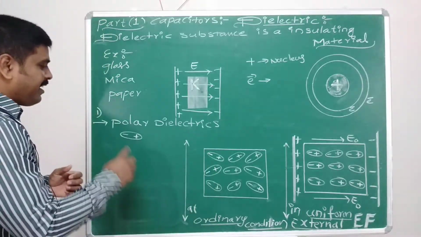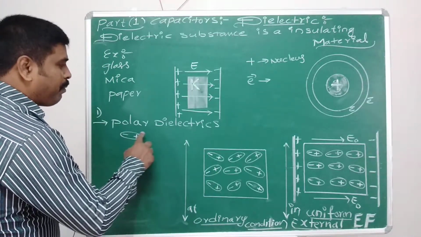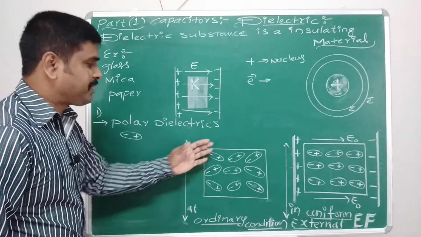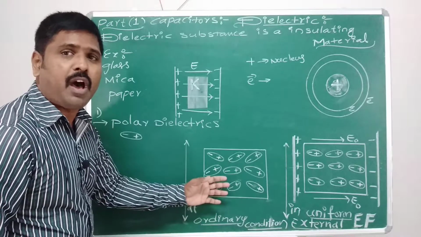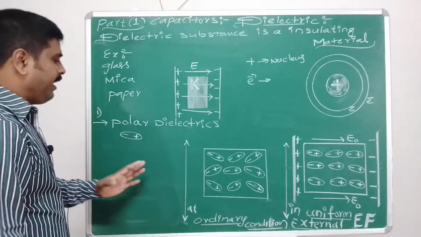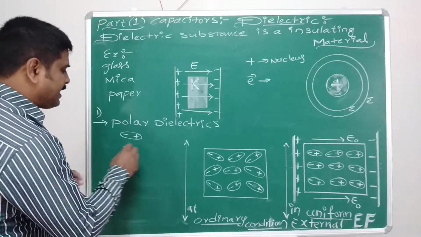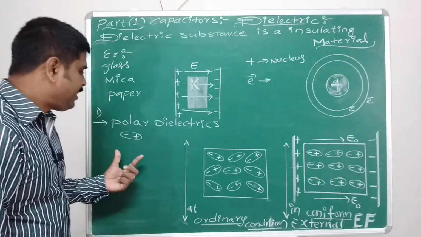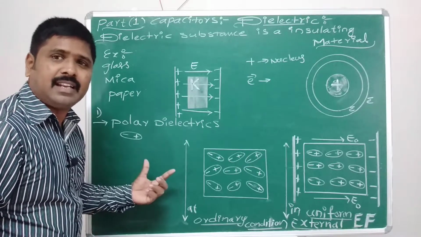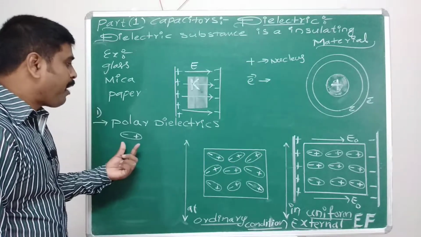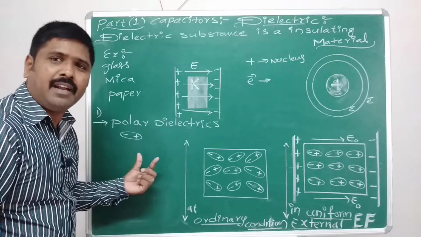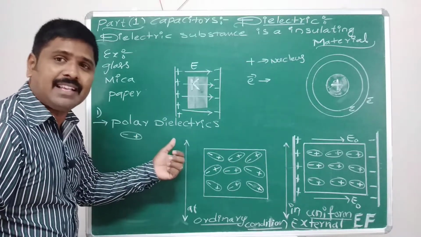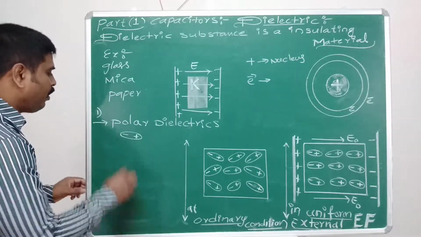Initially I am taking a polar dielectric substance. This is the polar molecule. The substance has many polar molecules, each with a negative charge and a positive charge separated by a certain distance. That is why polar molecules, and so polar dielectrics, have a permanent dipole moment.